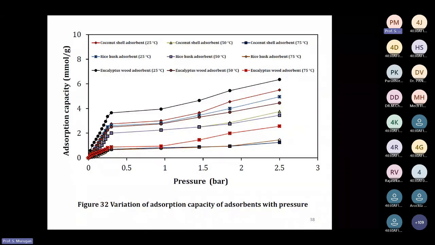Then, of course, we conducted the experiment with diesel.